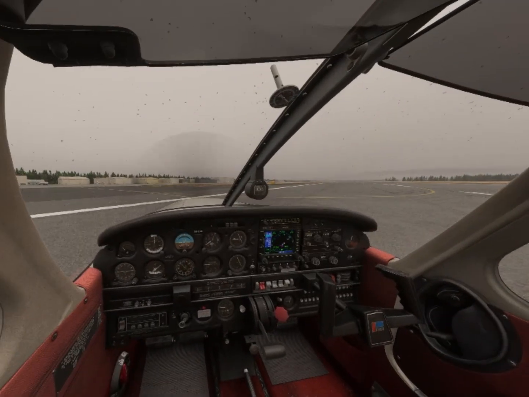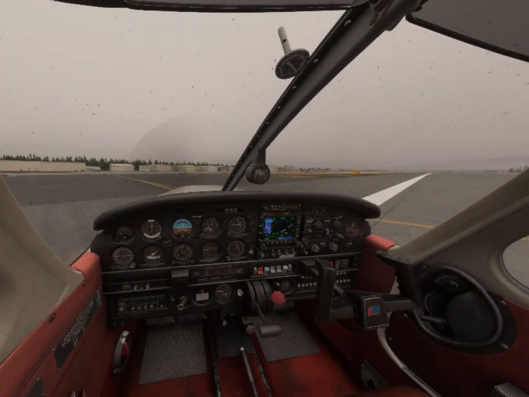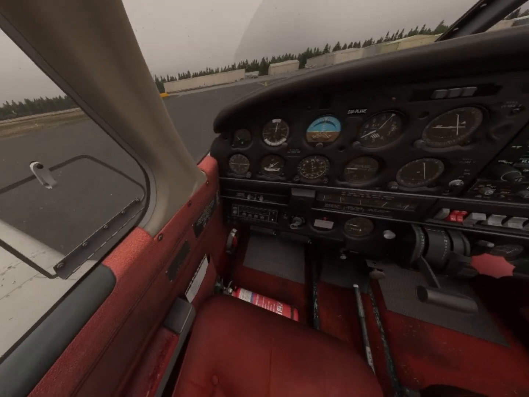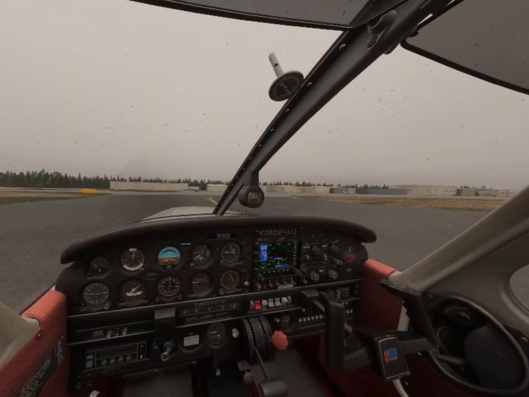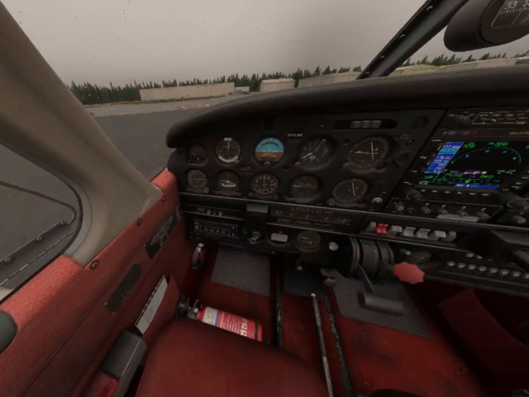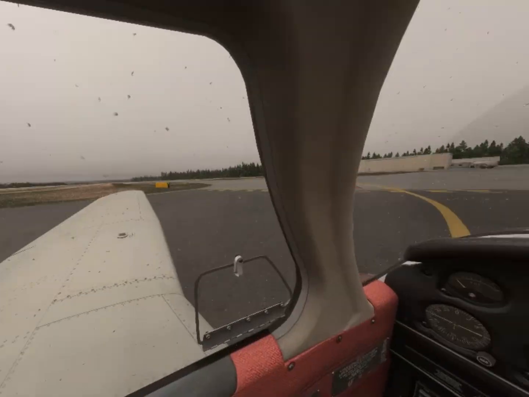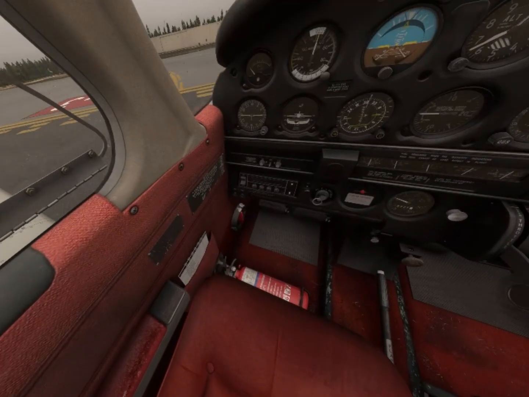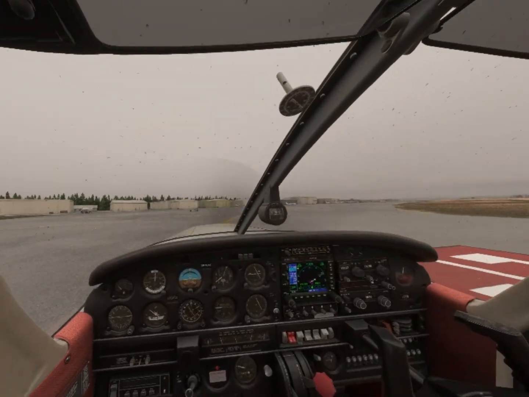Clear left. Durango traffic, Warrior Sim plane is clear of the active on Alpha 3, taxiing to general aviation parking via Alpha, Durango.